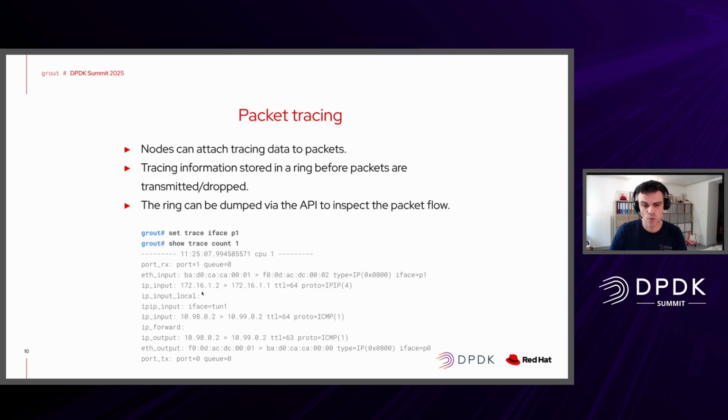So the packet went through IP input, and it actually popped a tunnel. And then the packet was re-injected into IP input with a different IP address. And then the packet was forwarded and transmitted to port 0, Q0, right? So you have the CPU ID where the packet was handled, with the timestamp.